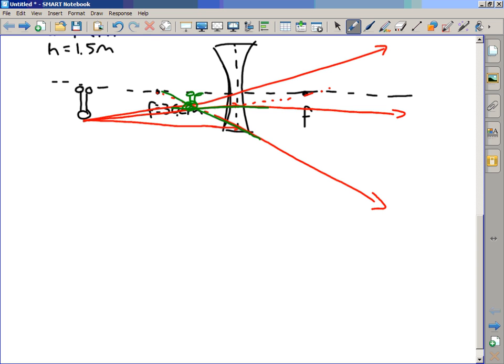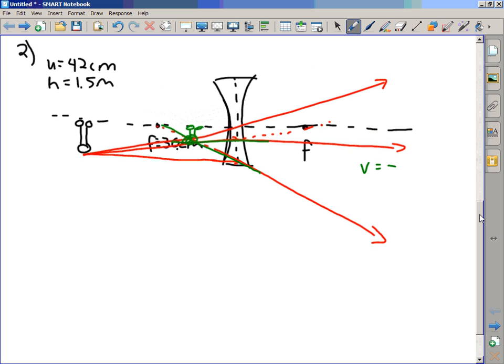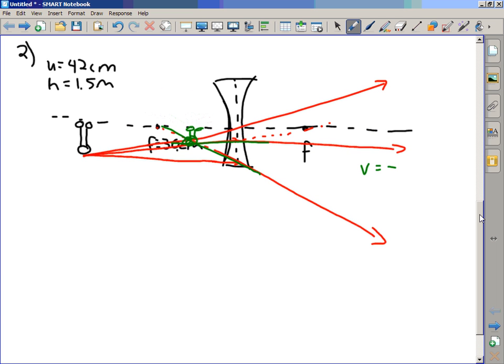So predictions. V: what do I expect from the image? Positive or negative? Negative. And in relation to the object distance, do I expect it to be greater than or less than 42 centimeters? Less than. I expect it to be less than 42 centimeters.